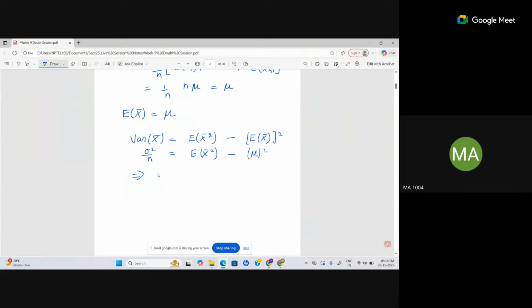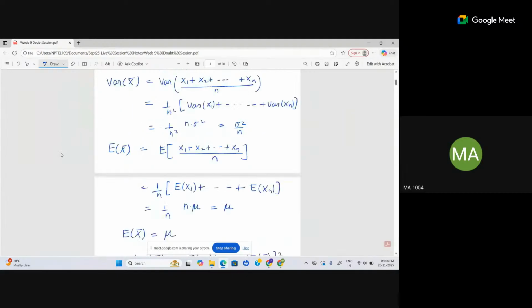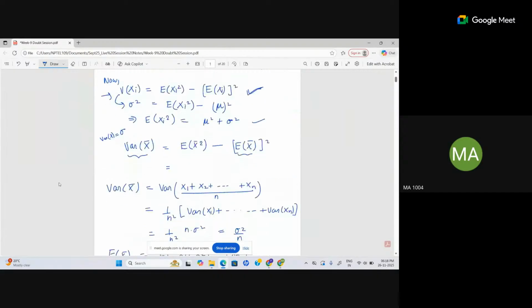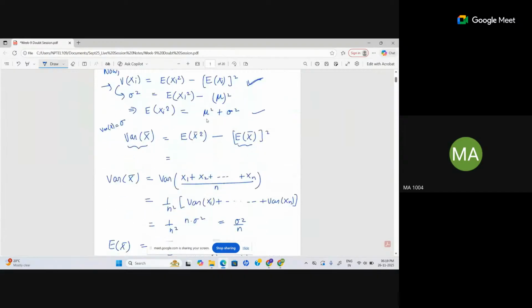So from here the value of expectation of x bar square will be equal to sigma square by n plus mu square. Is this clear to everyone? Yes, ma'am. So we have got the value of expectation of x bar square, and expectation of xi square, which is mu square plus sigma square.